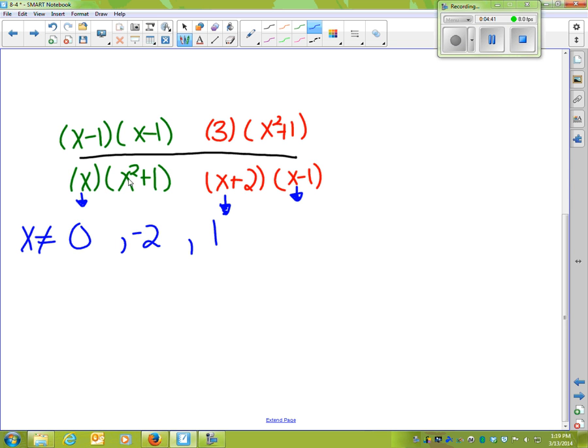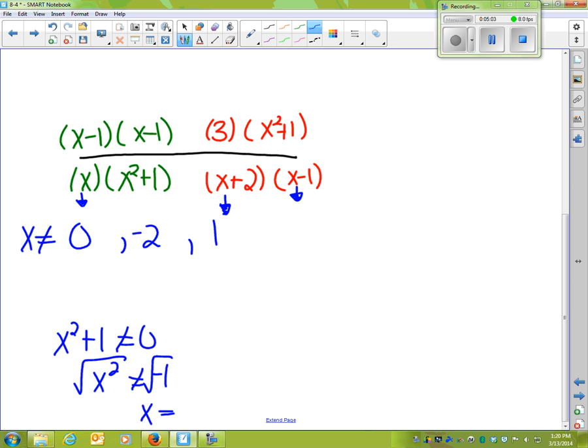Now I skipped the x squared plus 1. Let's take a look at it. If x squared plus 1 cannot equal 0, I subtract the 1 across. So x squared cannot equal negative 1. Get rid of the square, so I'm going to take the square root.